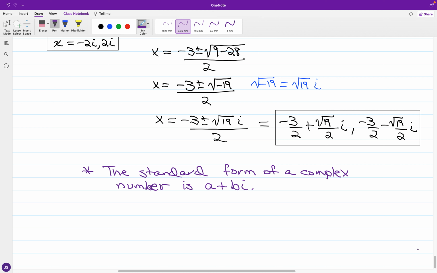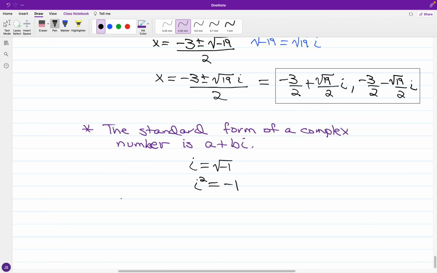And again, i is equal to the square root of negative 1, and i squared is equal to negative 1. And with these last examples, say I write in terms of a plus bi.